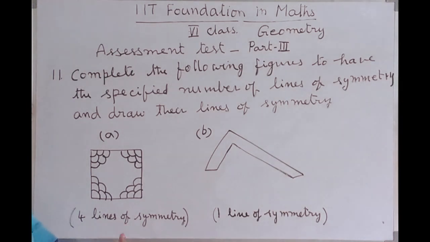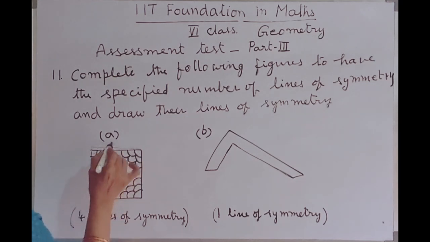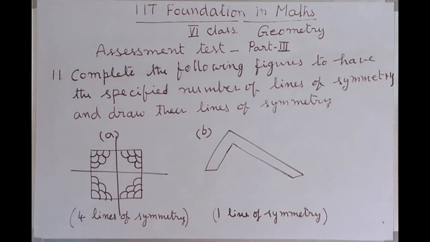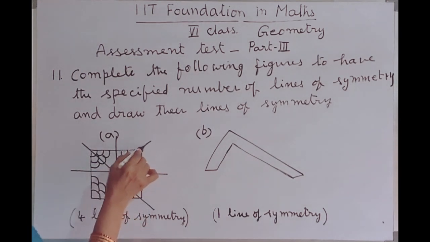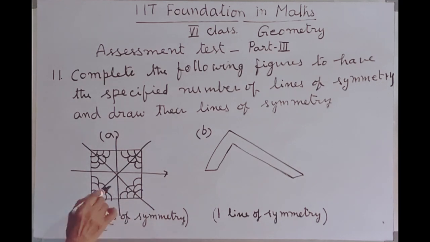So it is a symmetrical figure with 4 lines of symmetry. This is one line of symmetry and this is one line of symmetry, and the diagonal is another line of symmetry and another line. So altogether 4 lines of symmetry were there for this figure.